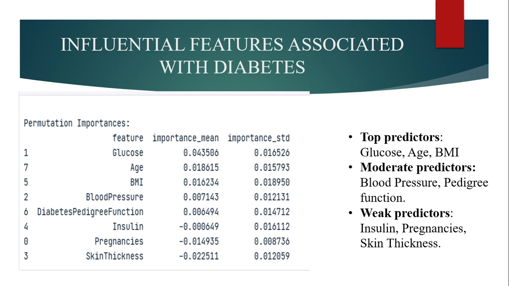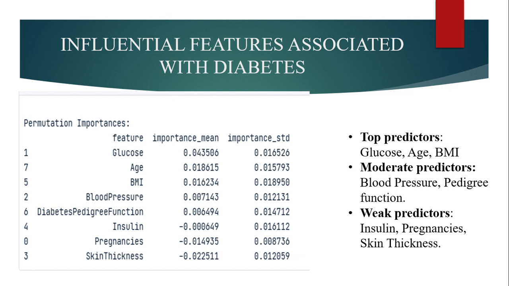To determine the key predictive features, I used the permutation importance method. This technique works by shuffling the values of each feature and observing how much the model's accuracy drops. From this analysis, glucose emerged as the strongest predictor, followed by age and BMI.